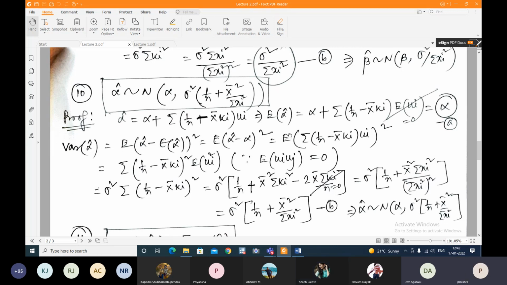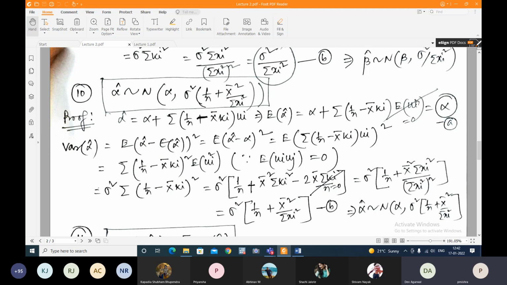So basically, this is a summation, right? This is a summation, whole square of the summation. Just think of it in this way: 1 by n minus x bar k1 into u1 plus 1 by n minus x bar k2 whole into u2, and then that square.